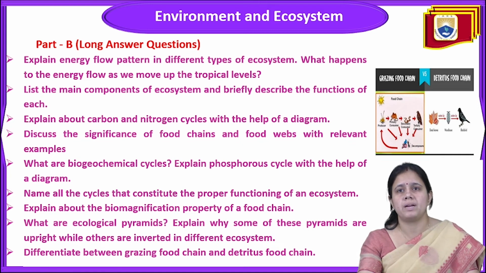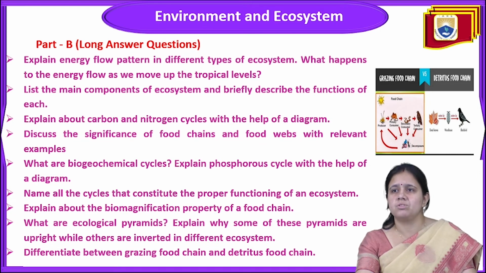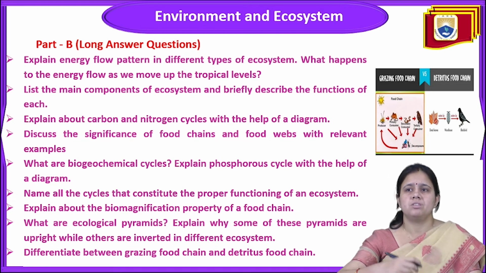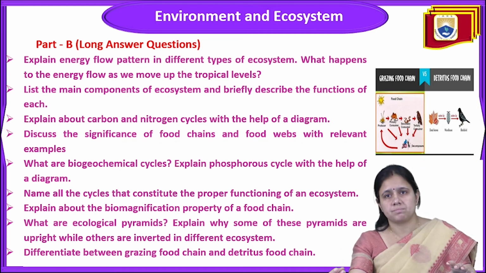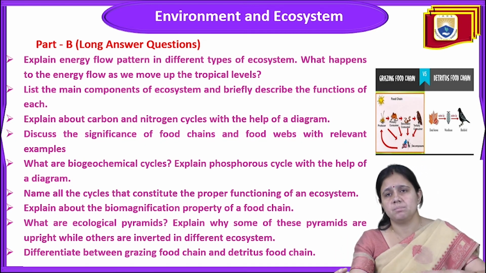There are two types of energy flow models: the Y-shaped and the normal grazing food chain. The flow of energy from a lower trophic level to a higher trophic level is the general trend of this energy flow pattern.